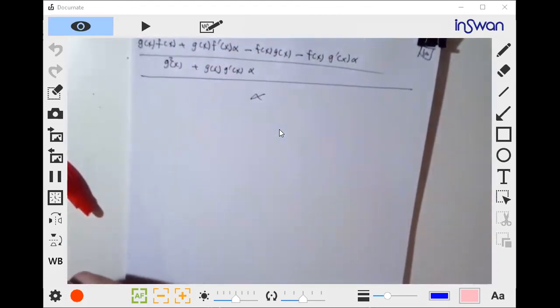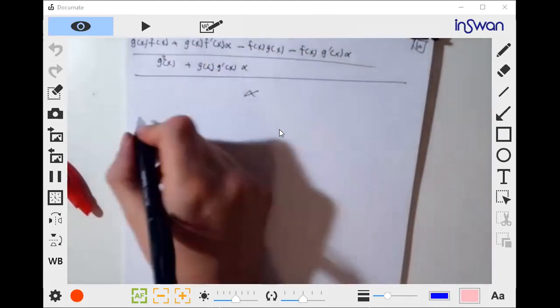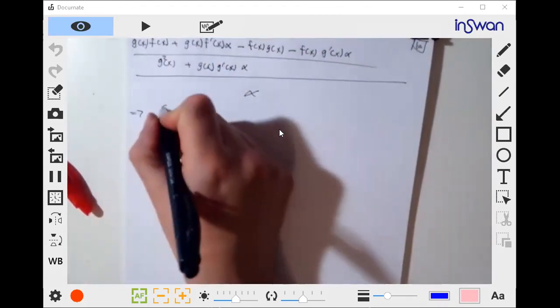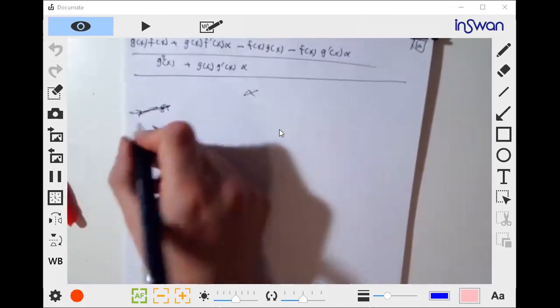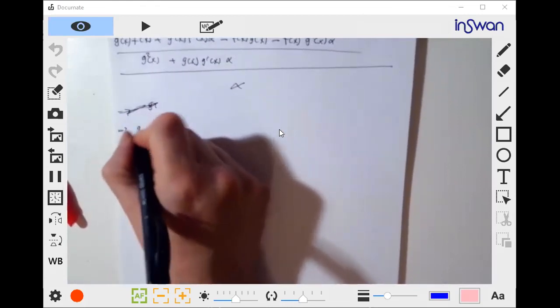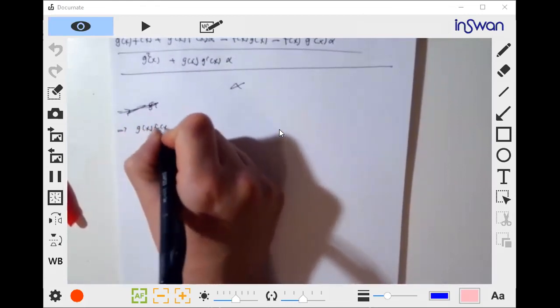So when we multiply by reciprocals, this alpha comes over here. Let's get some more room here. This implies we get g of x, f of x.